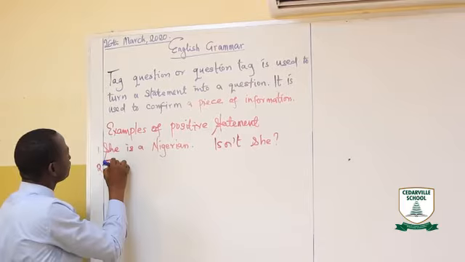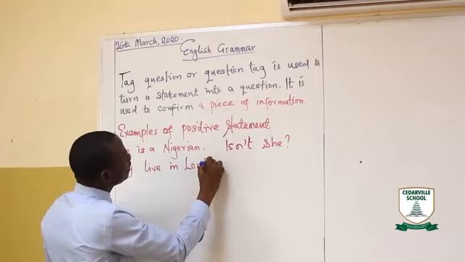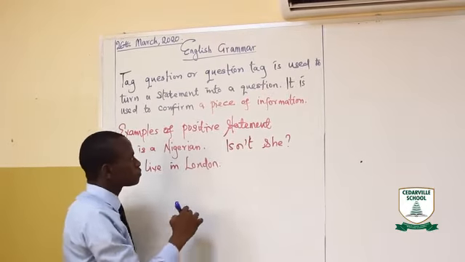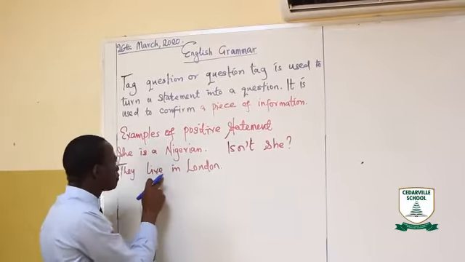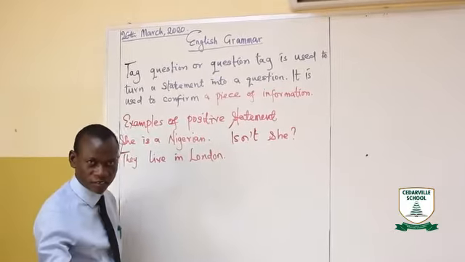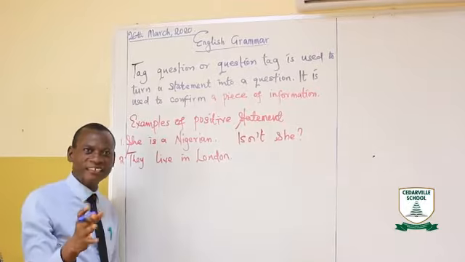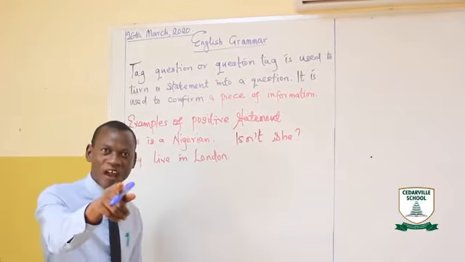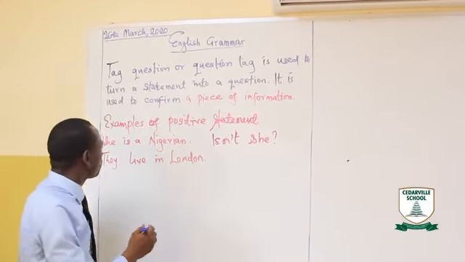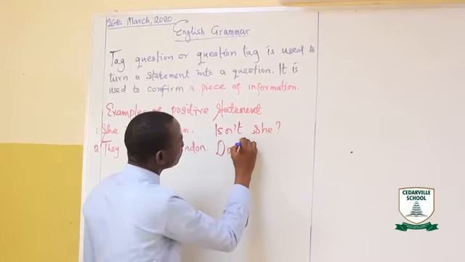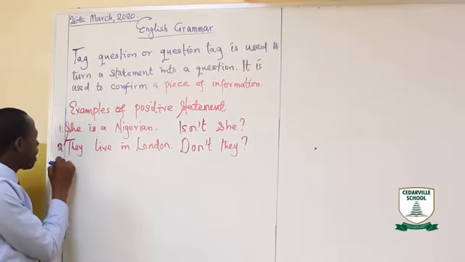Let's take another example. They live in London. If you look at this statement, is it a positive statement or a negative statement? This statement is a positive statement, and so it attracts a negative question tag. And the question tag is going to be, don't they? Let's have one more.